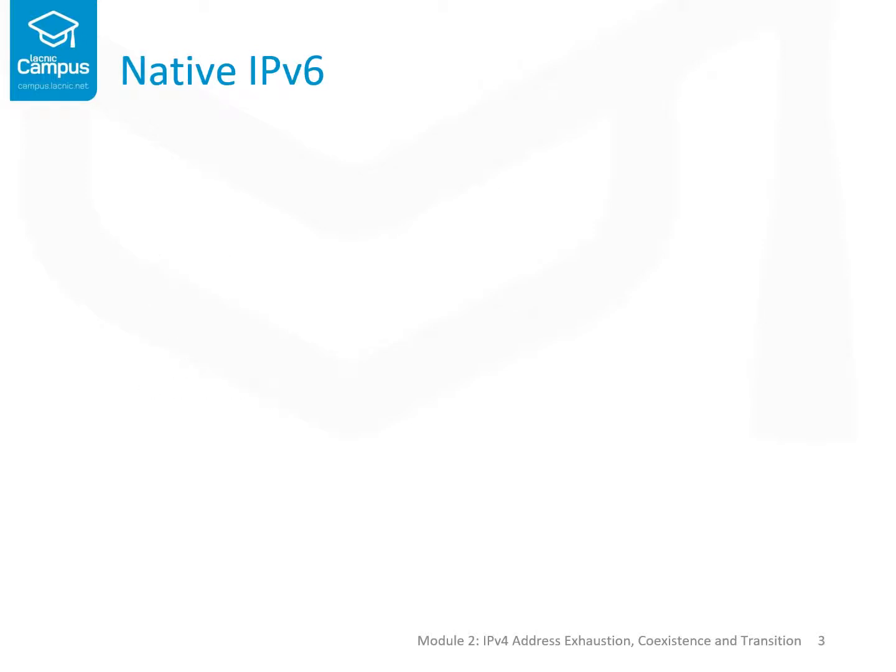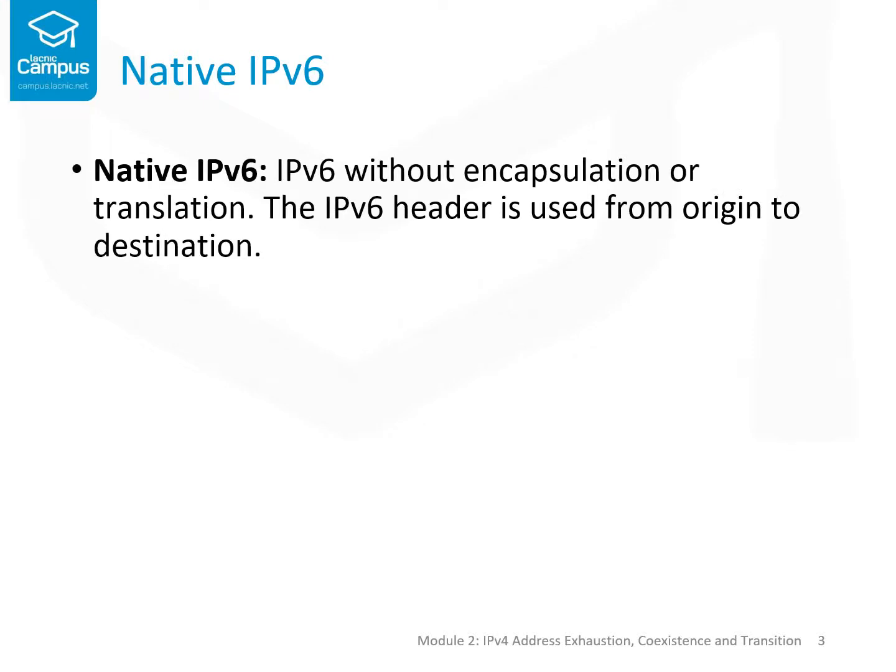Native IPv6. We've already seen that the recommended option for transitioning to IPv6 is native IPv6, with no packet encapsulation or translation. This will allow native IPv6 packets to traverse the network from source to destination using the IPv6 header for routing and other IP layer services.